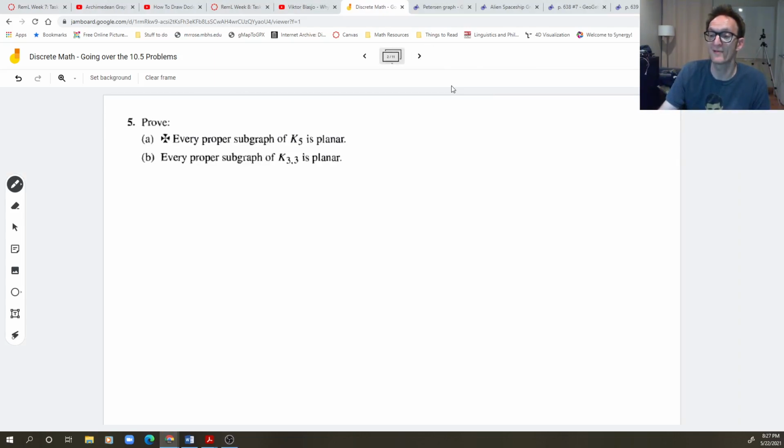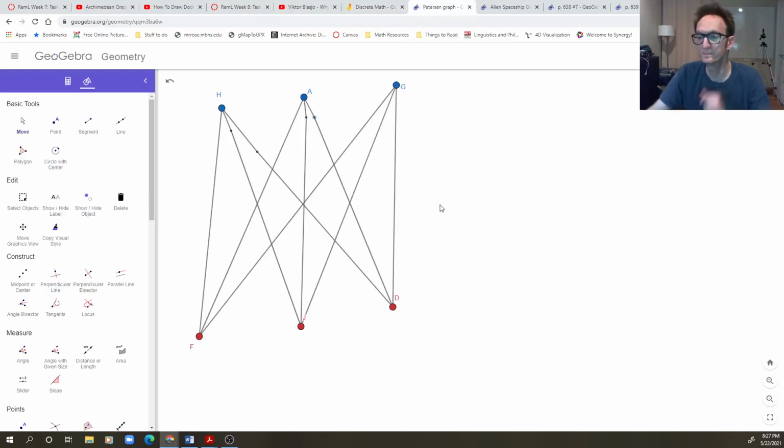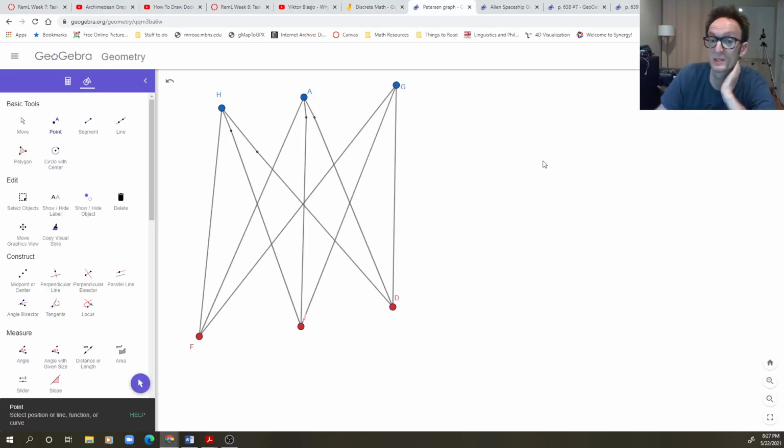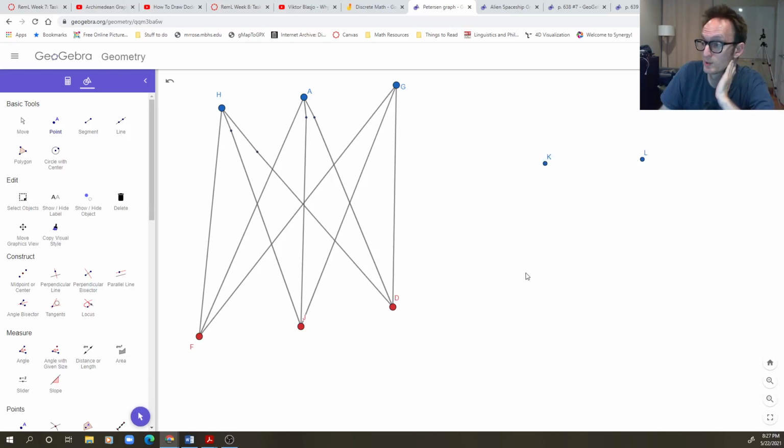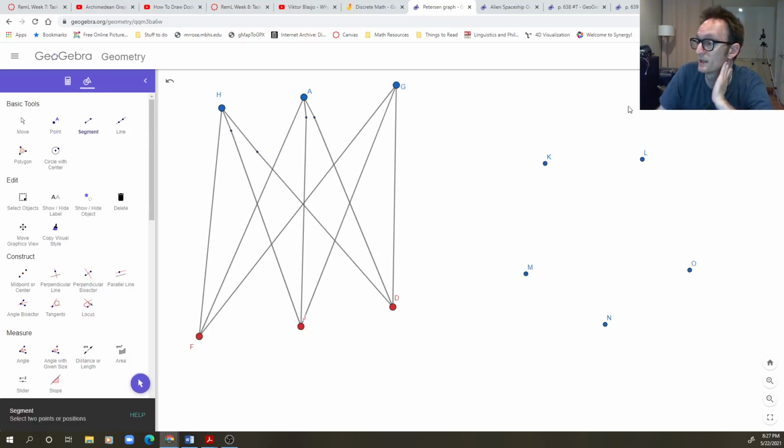Let's go. Number 5. Prove that every proper subgraph of K5 is planar. Okay, we pretty much did this in class. So maybe I don't want to do this again, but maybe I do. Let's go over here and let me just draw K5. So 1, 2, 3, 4, 5, and it's K5, right?